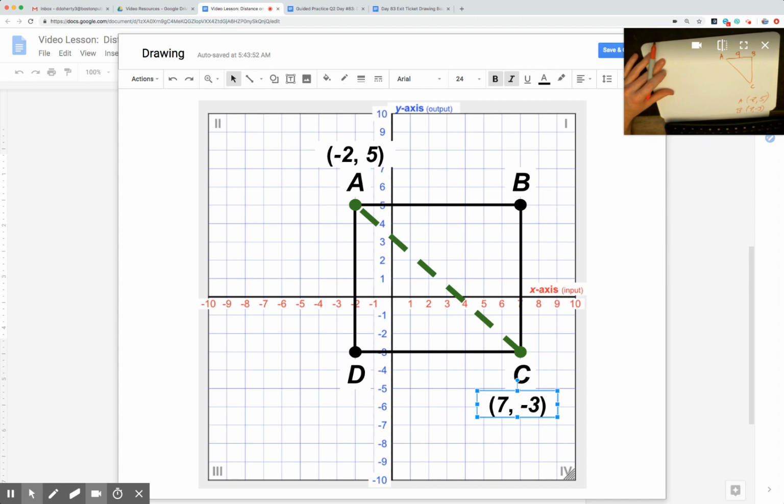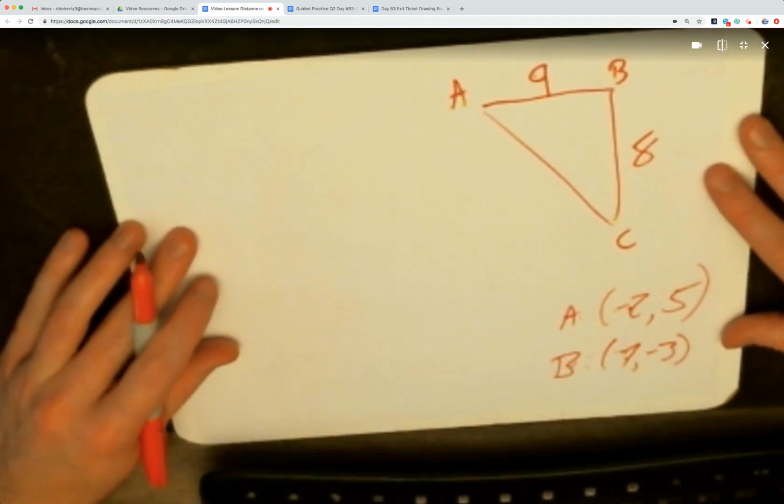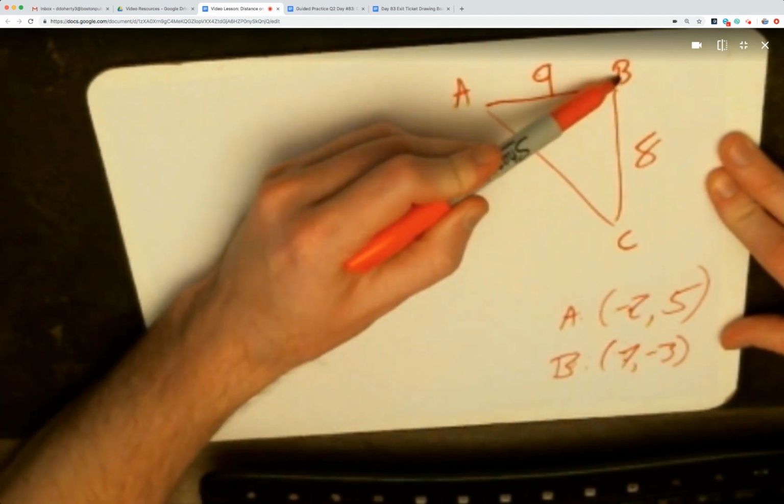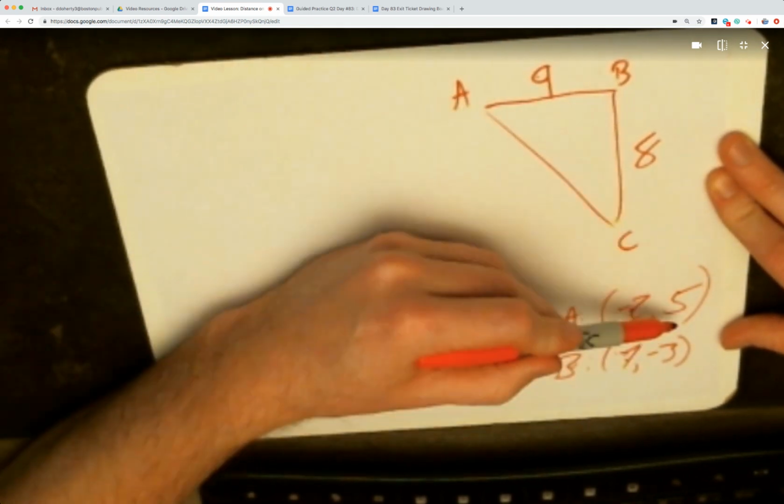Let's take a look at B to C. First, again, I'm going to count. At my B, there's 1, 2, 3, 4, 5, 6, 7, 8. 8 units to get down from B to C. And again, an easier method than counting would be to use coordinates. The Y value up at point B is 5 units.